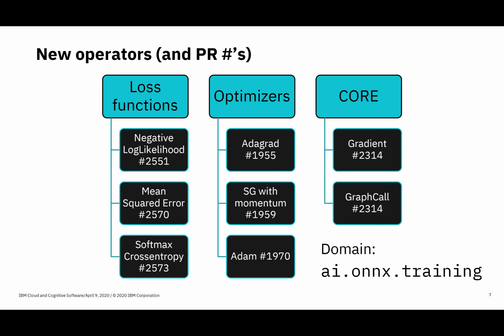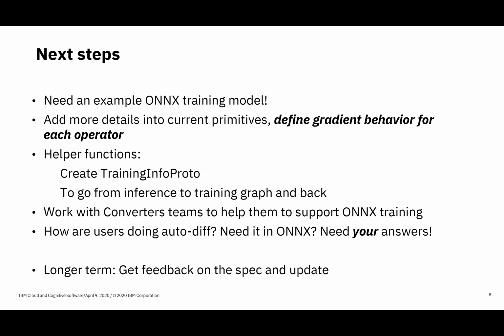The last one, Adam, I think did not get into the 1.7 release, or I'm not sure exactly about that one, but the first two definitely got in. And all these new operators or functions are in the new domain, ai.onnx.training, and you can find them there.